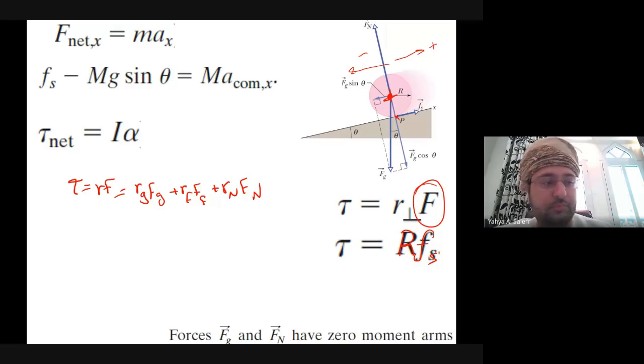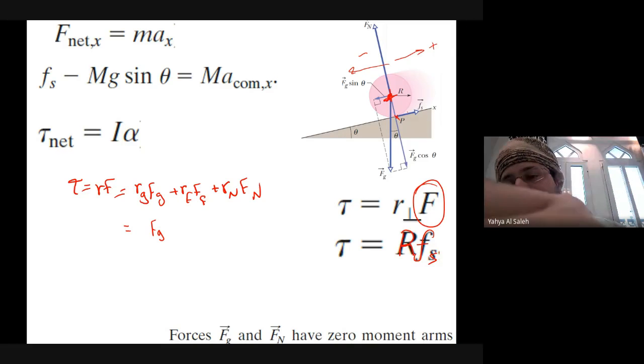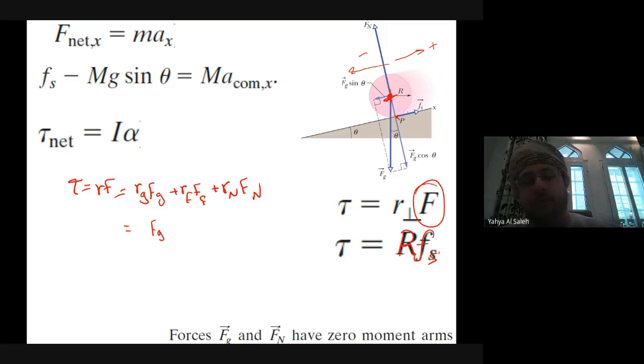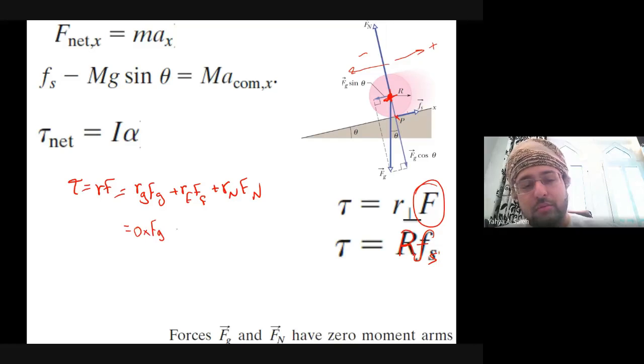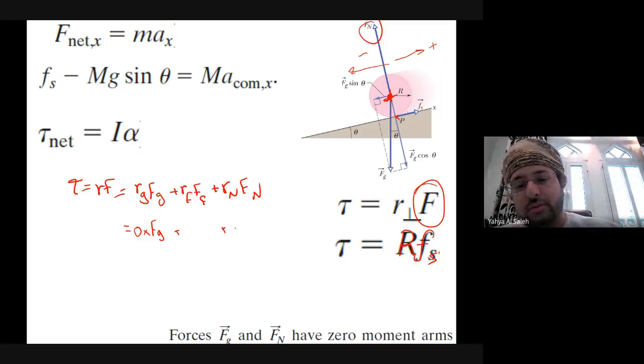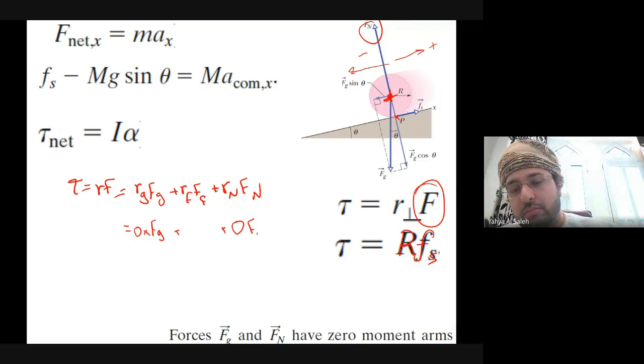So let's do it. We know we have Fg, but what is the distance between Fg and your center of rotation? They are both at this point. So your moment arm is 0. And this is the exact same thing with the normal force. So 0 Fn. Your only force left is this, because you have this distance between them.